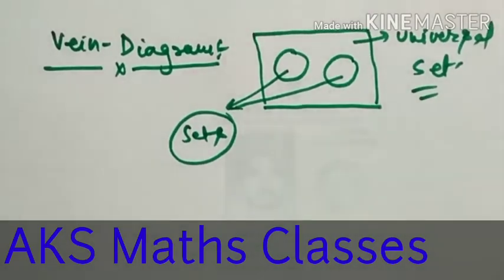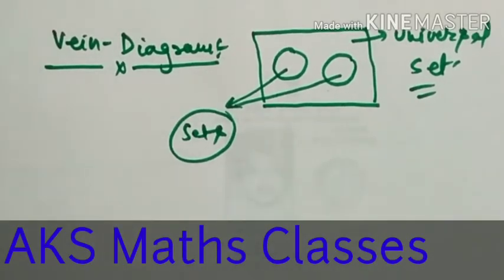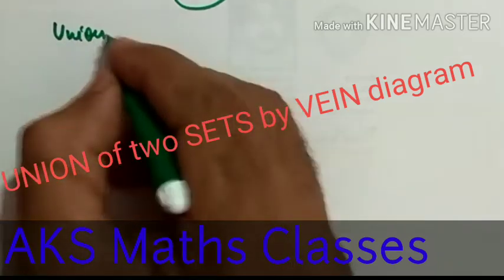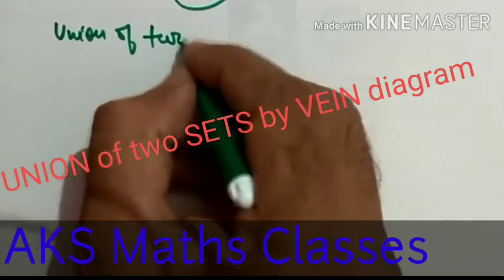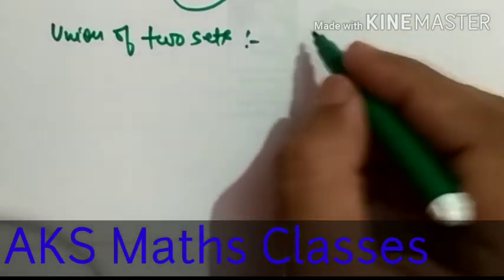So now see, first of all, the basic concepts which we normally use to find the answers. Union. Union of two or three sets maybe also. What is the union?